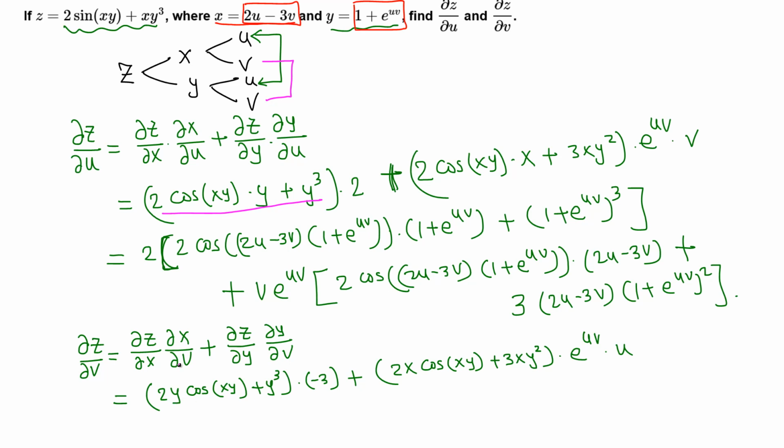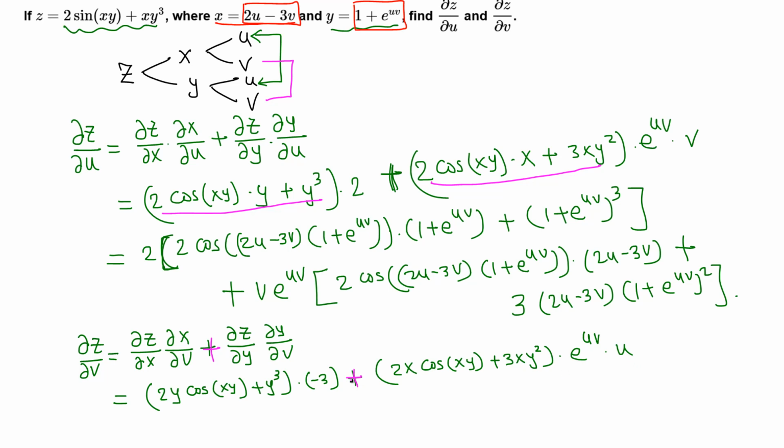And partial with respect to v, so x is 2u minus 3v, and partial with respect to v is negative 3 here, plus here. And partial of g with respect to y, that was found earlier here. Partial of g with respect to y, I copied down here. And partial of y with respect to v comes out to be this.